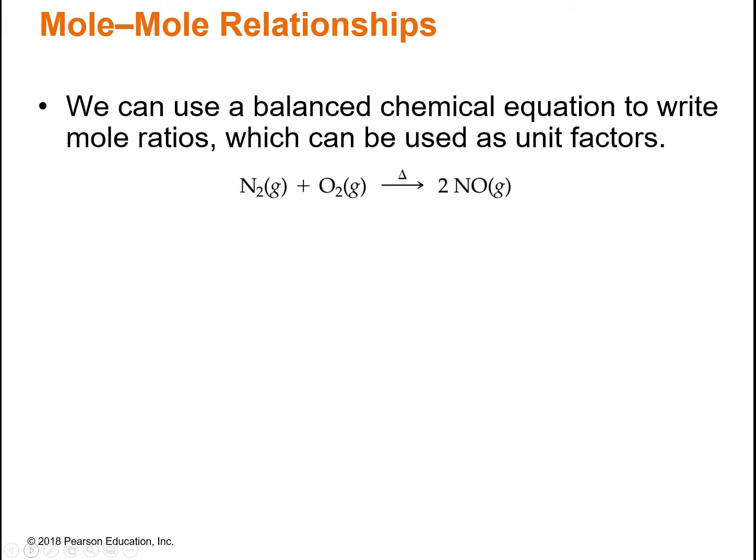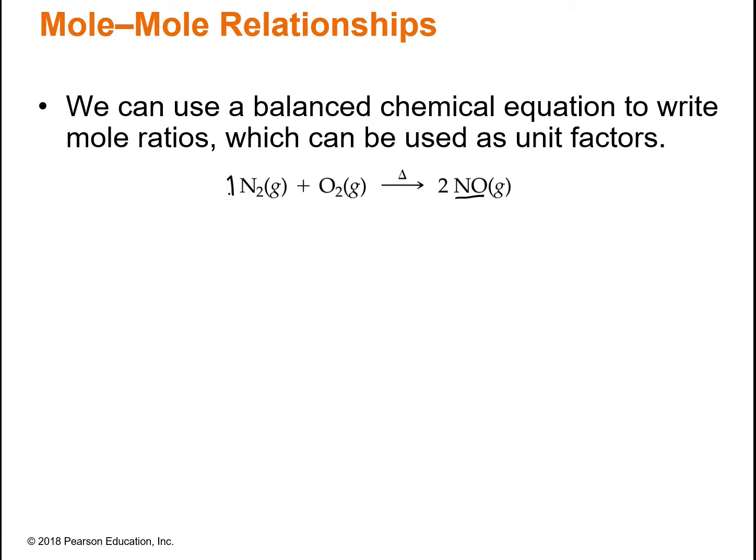We're still using an equation with all gases, so keep in mind that for these mole ratios we can talk about moles, but we can also talk about volume. We'll start with moles though. We've got nitrogen gas and oxygen gas coming together with heat to make nitrogen monoxide gas.